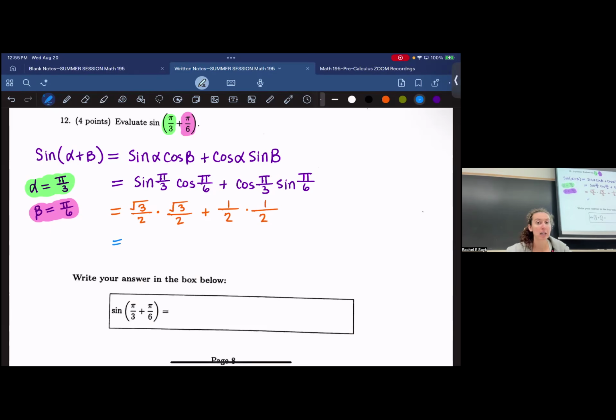Square root of 3 times square root of 3 is just 3. 2 times 2 is 4. 1 times 1 is 1. 2 times 2 is 4. And 3/4 plus 1/4. Oh, love when it is so clean in the end. So our final value is 1.